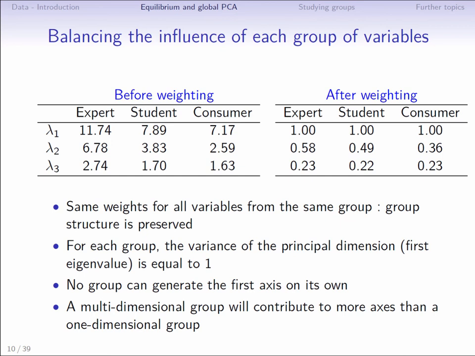A more multidimensional group contains more information, so it is normal that it contributes to more dimensions. Now, is it a problem that a group has a greater total inertia than the others? In fact, no, because this total inertia is spread out over more dimensions. We rediscover here a feature that we have already seen in multiple correspondence analysis.